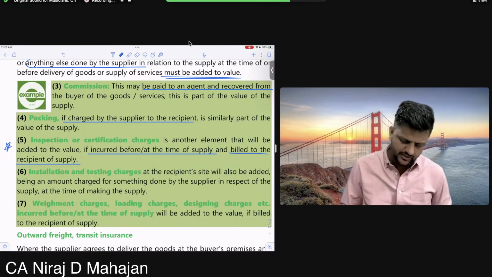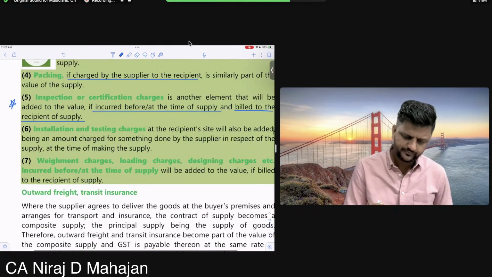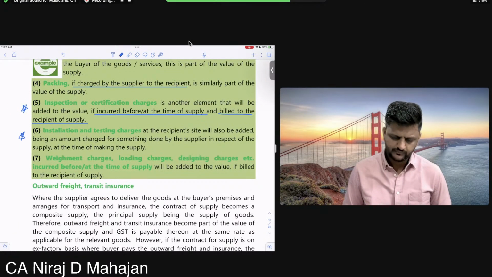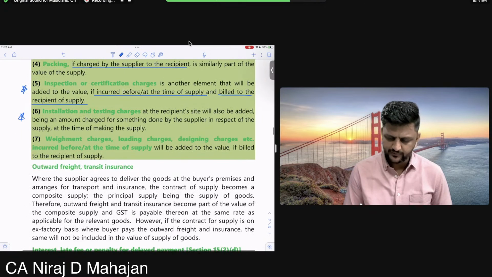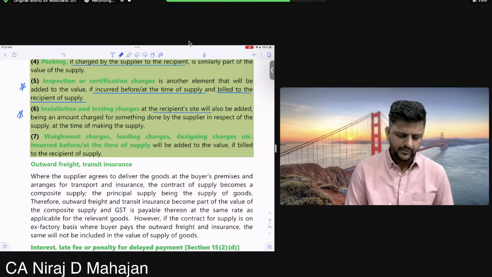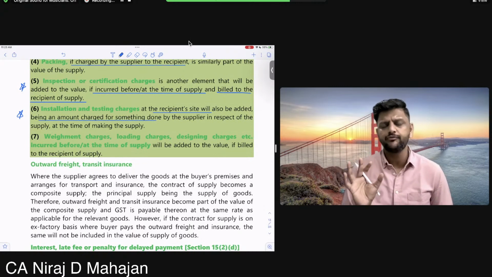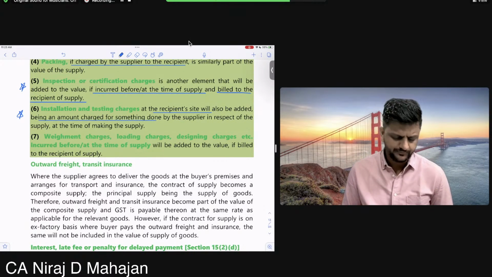Installation and testing charges at the recipient side will also be added, being an amount charged for something done. Look at the wording: anything done on or before supply. Clear still here? Anything done.